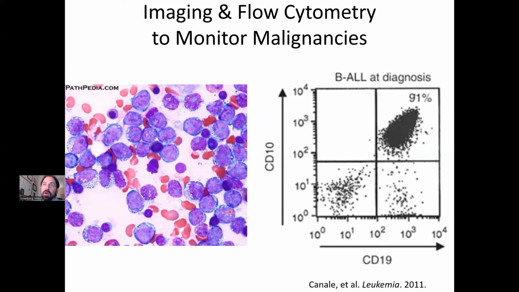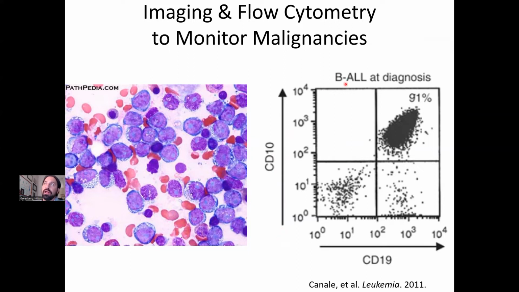It's placed on a cover slip and stained with pink dye, your eosin, and this purple dye, your hematoxylin. The hematoxylin is going to stain the nucleated cells, and the eosin is going to stain cytoplasm, in this case, your non-nucleated red blood cells.